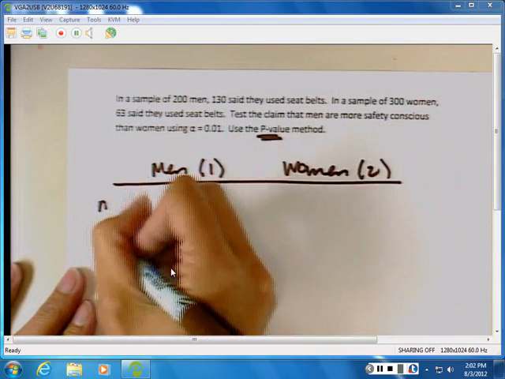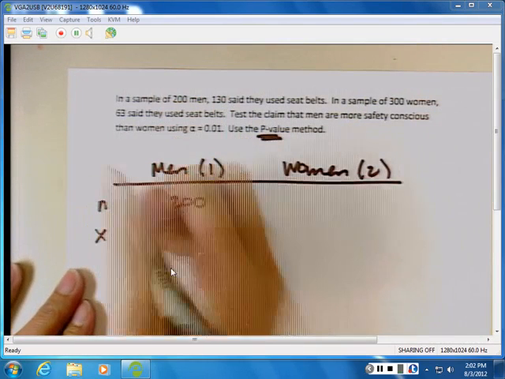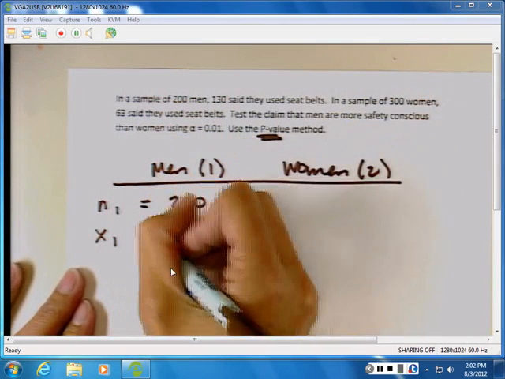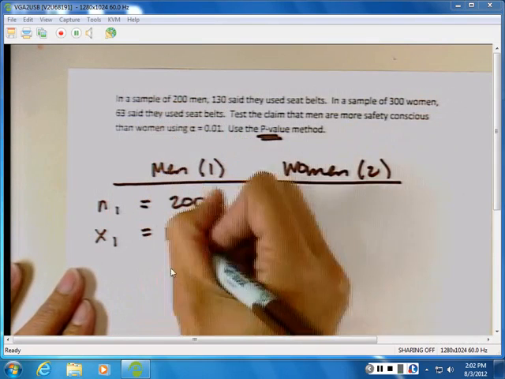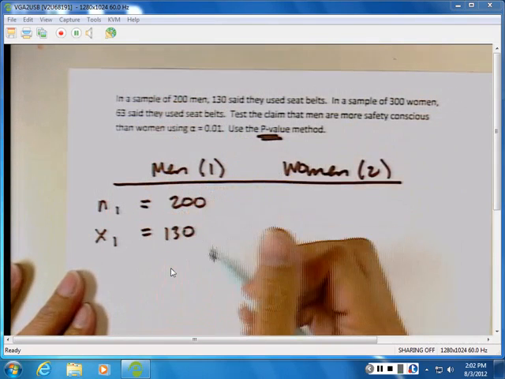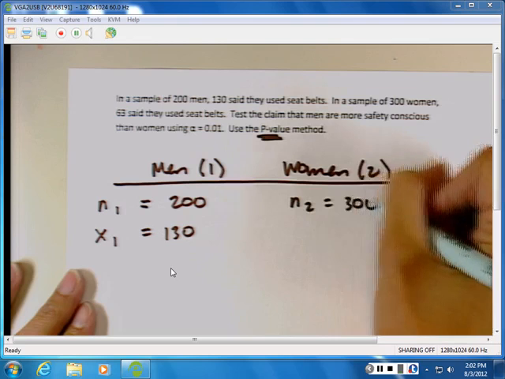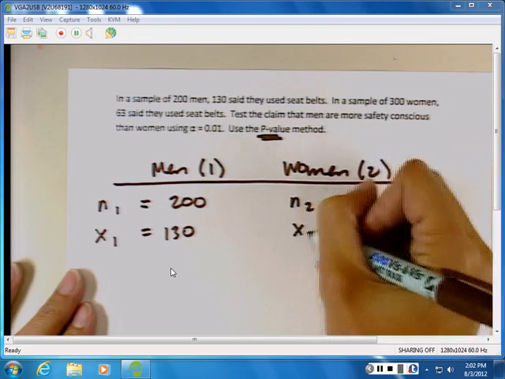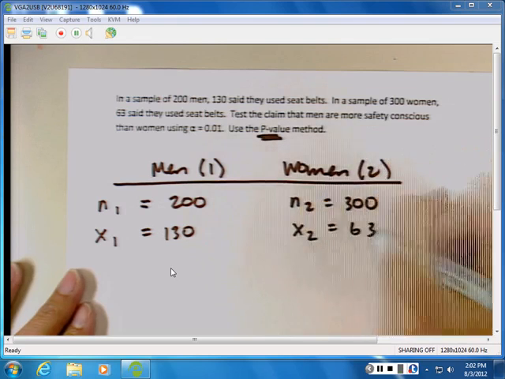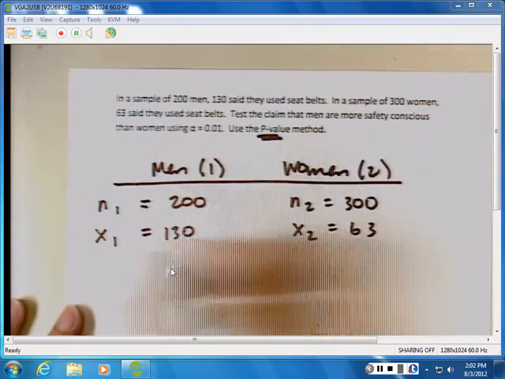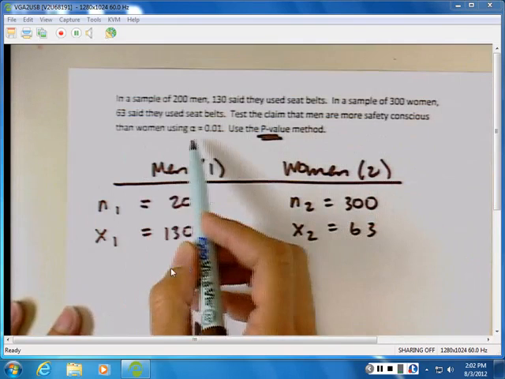So I can label these nicely. I'm going to say n1 equals 200. x1 is 130, so it's 130 out of 200. Over here, n2 is 300. And of the women, so x2, we had 63. Test the claim that men are more safety conscious than women using alpha equal 0.01.